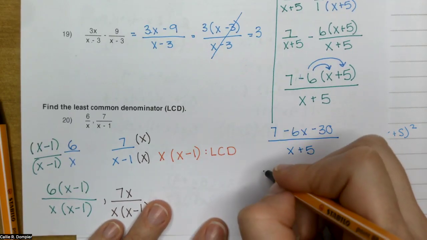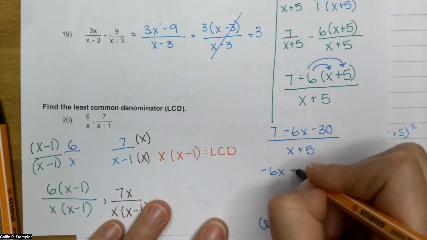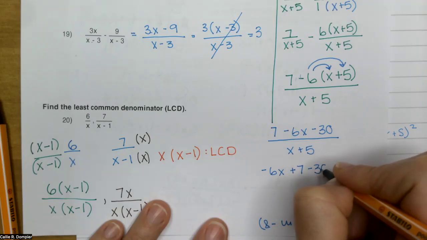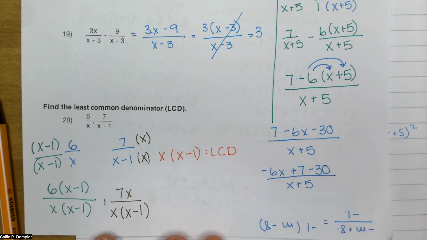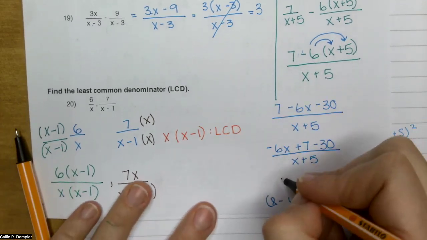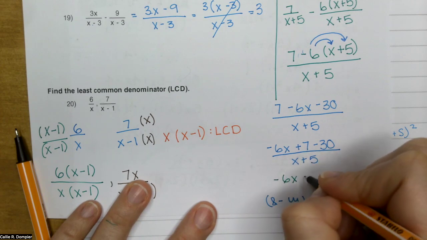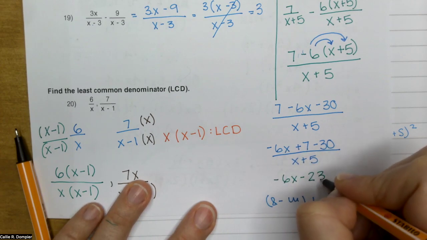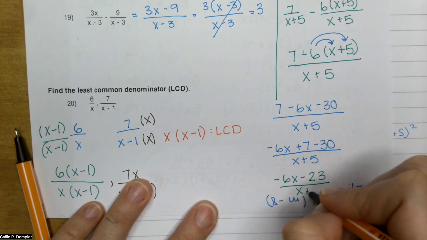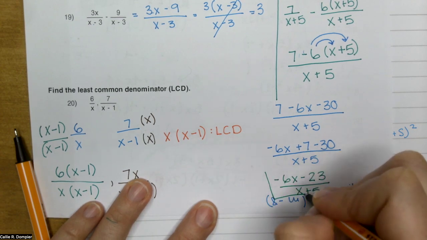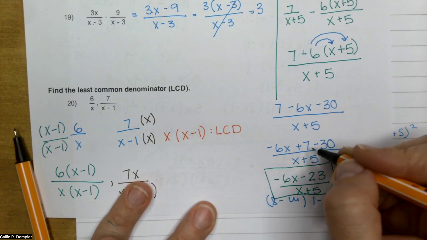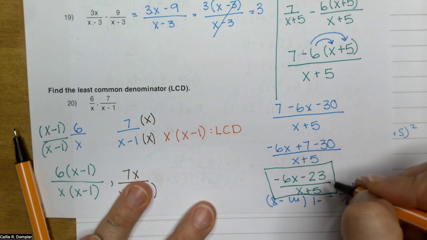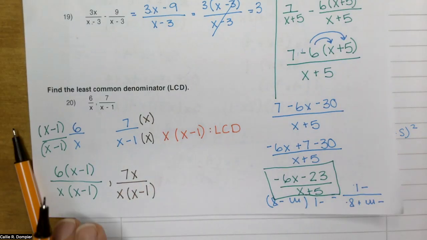Now, combine like terms: negative 6x plus 7 minus 30. And final answer: 7 minus 30 is negative 23, so it's just negative 6x minus 23 over x plus 5.